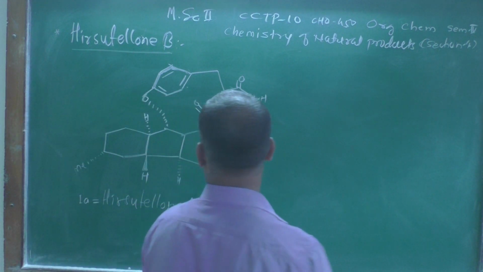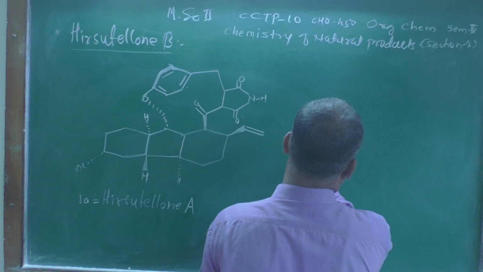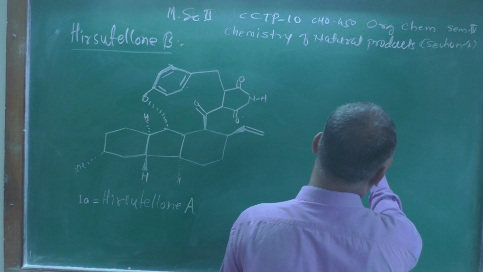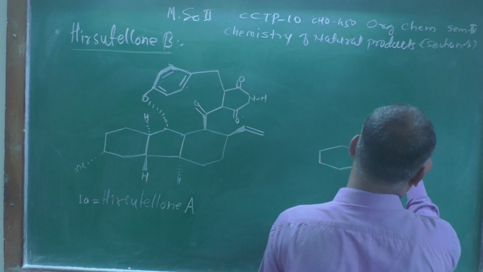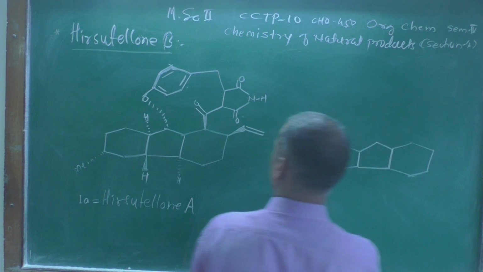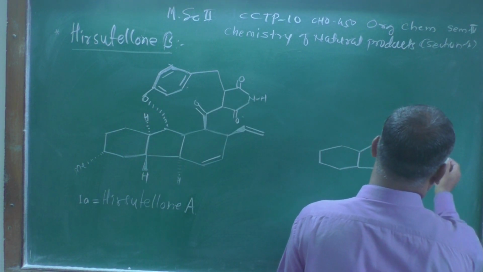And now the next structure I am going to show here, Hirsutolone B. Then observe the structure carefully. Here is a double bond. Here is a double bond.